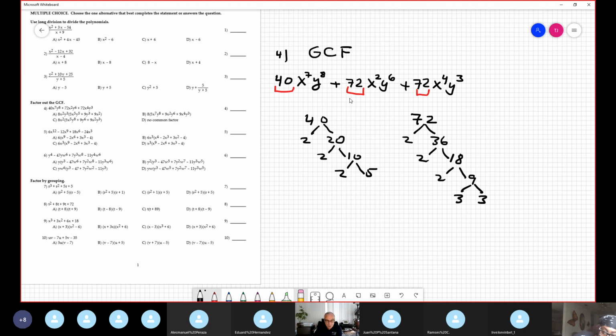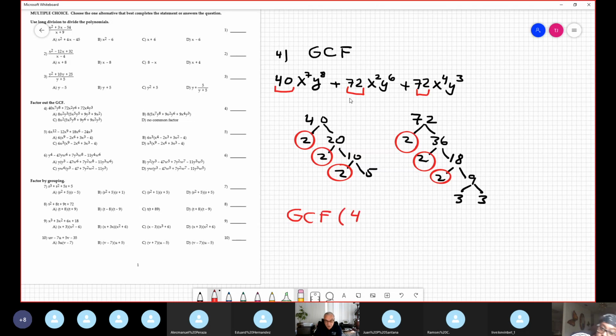I saw that both 40 and 72 share 2, 2, and 2. That's it, because 72 has two 3s, but 40 has no 3, and 40 has a 5, but 72 has no 5.